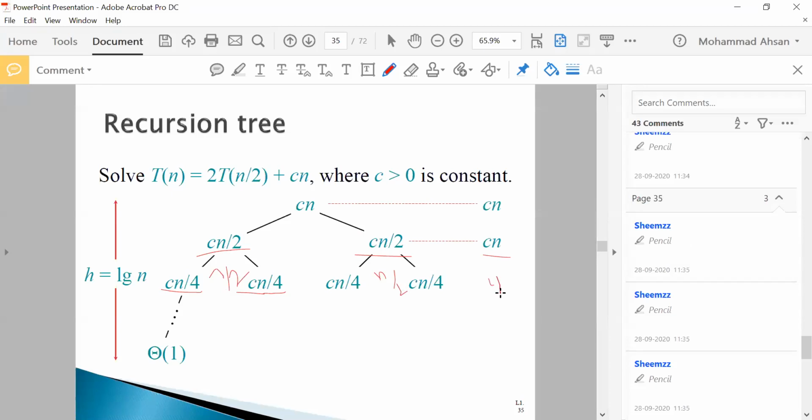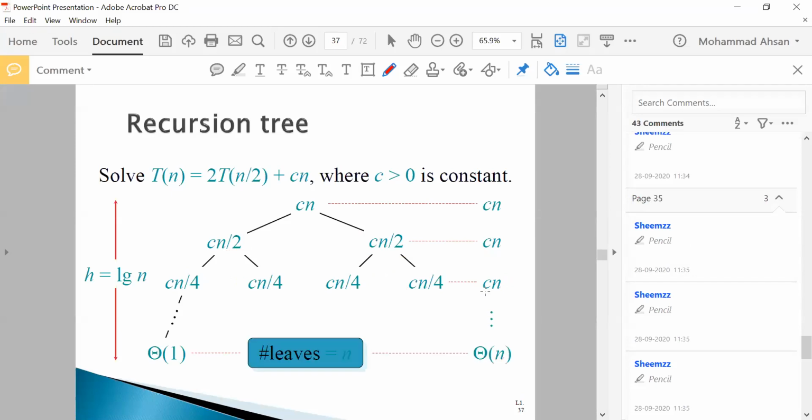So overall, again, it will be C of n. Okay, so on. So every level you do at the most n comparisons. Height of the tree is log n. So the total runtime is n log n. This is for your merge sort.